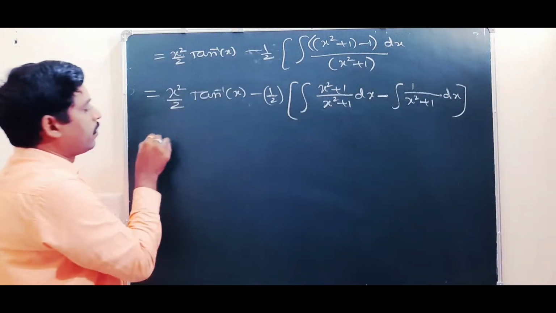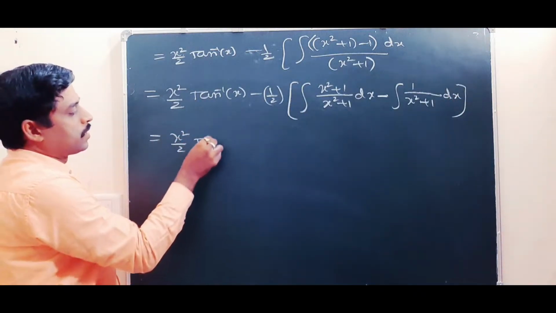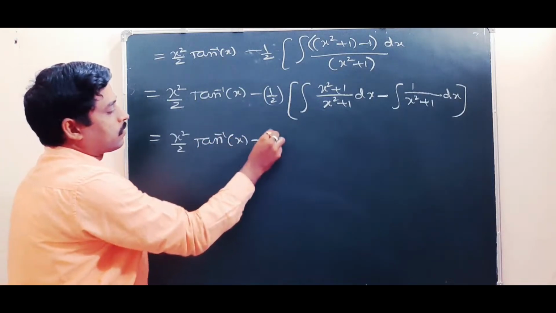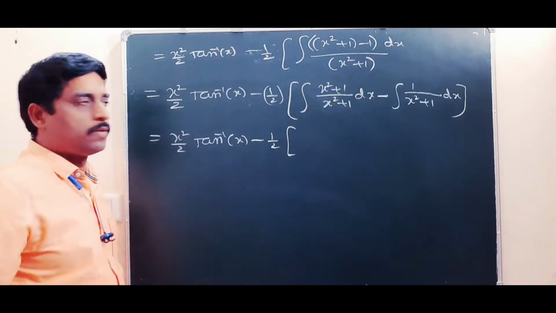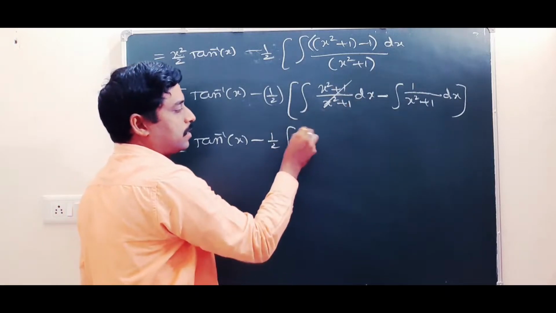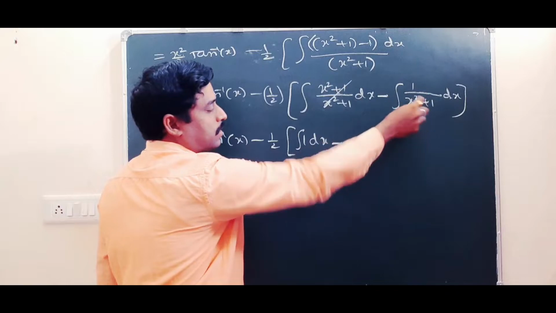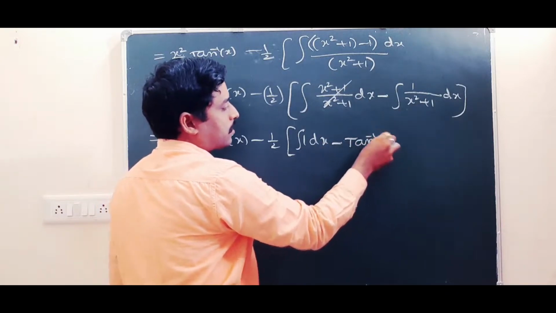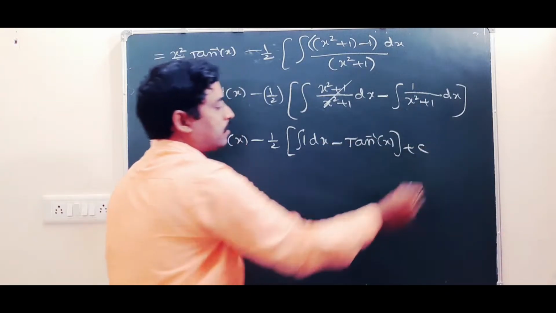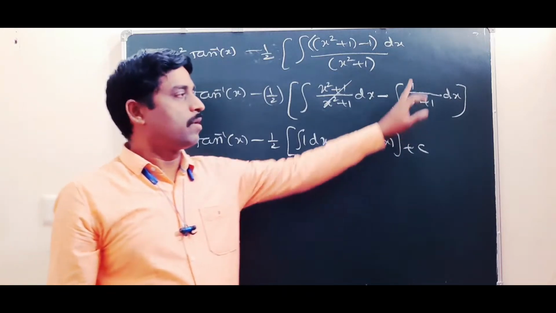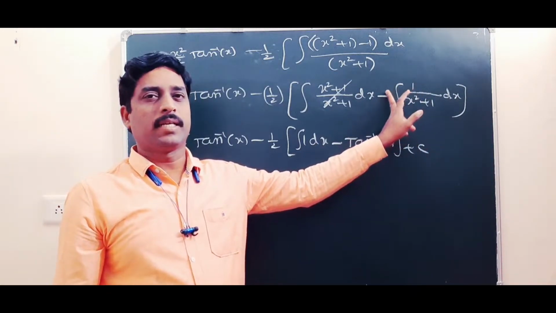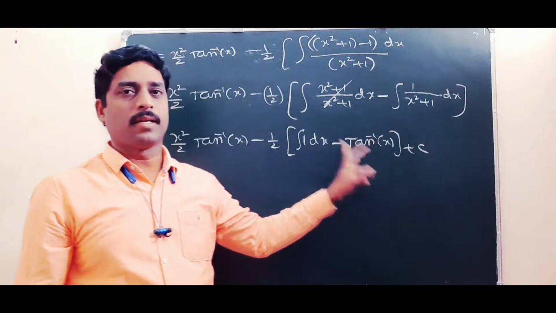It will be x square by 2 tan inverse x minus 1 by 2 times of, x square plus 1 gets cancelled, it will be 1 dx minus, integral 1 by x square plus 1 is nothing but the tan inverse x formula. The differentiation of tan inverse x is 1 by x square plus 1, so the integration of 1 by x square plus 1 is tan inverse x.